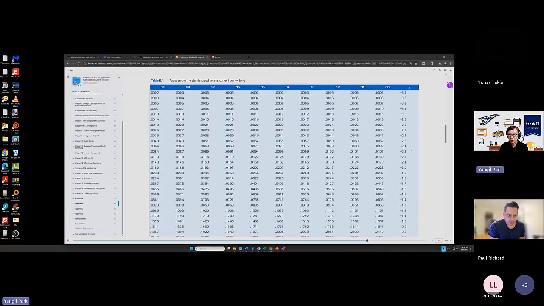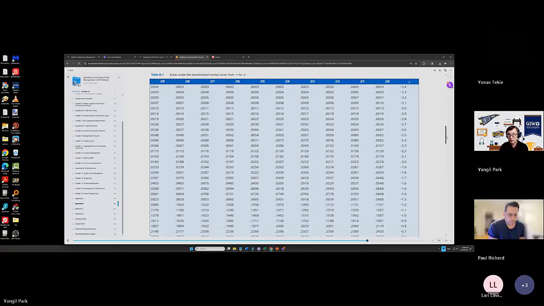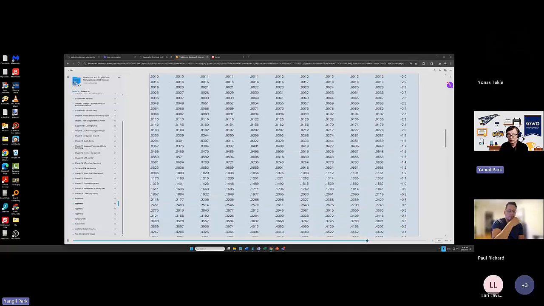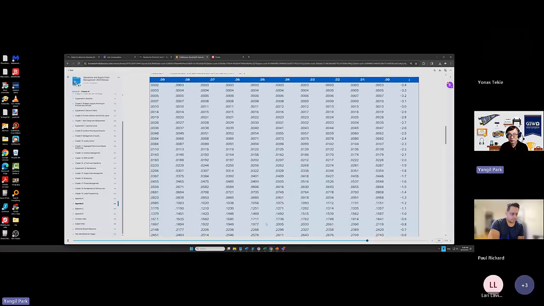So you go to the Z score, the negative 0.7, then across here 0.05, which is 0.2266, right? So 22%, almost 23%. That's what we found.